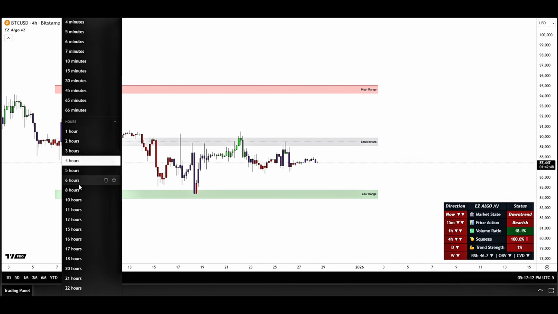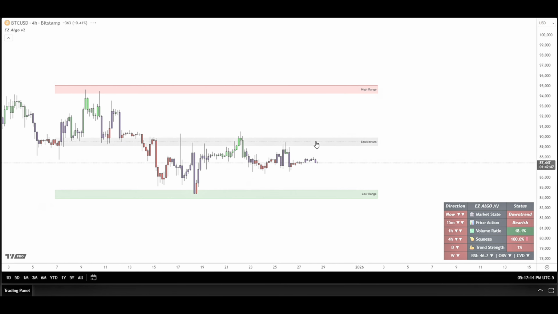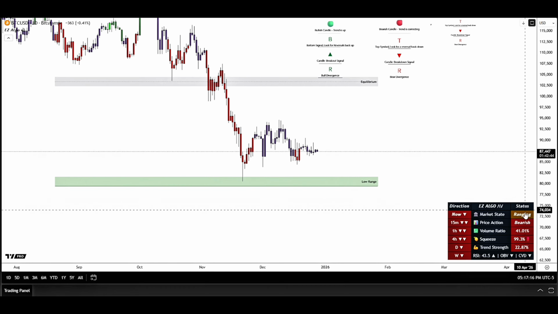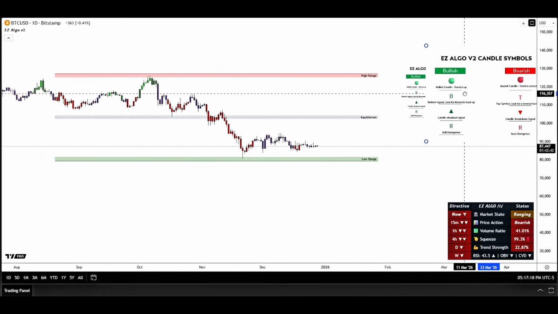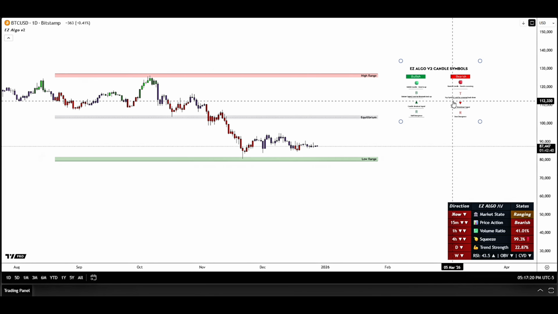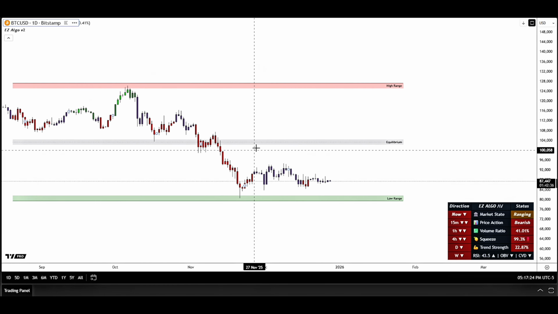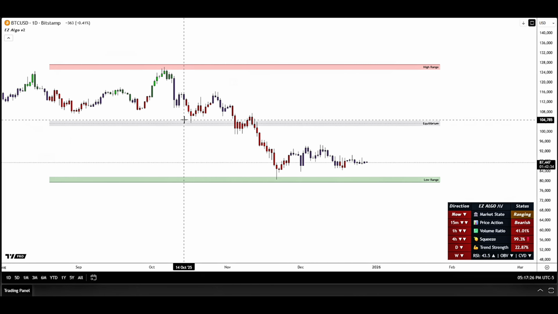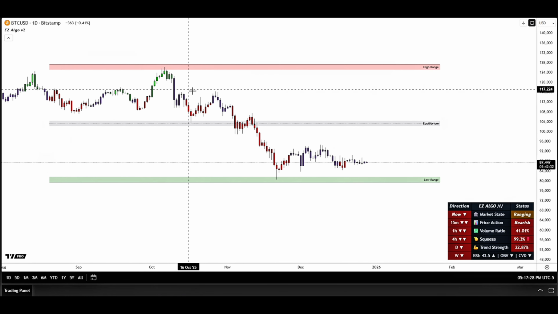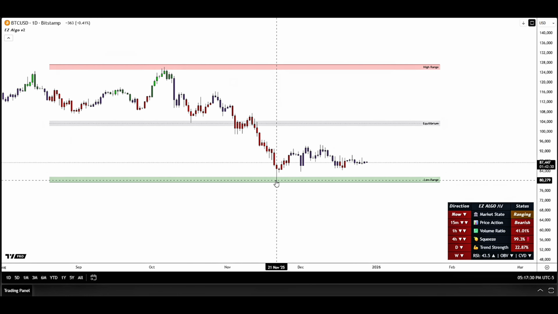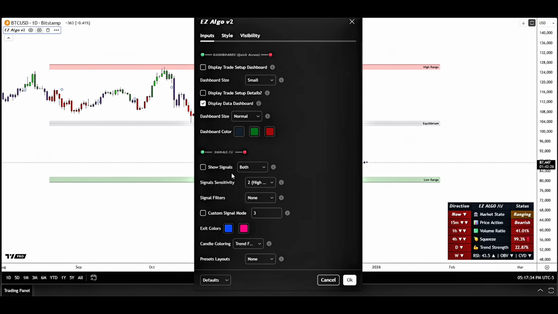Now we can also look at this on higher time frames, such as daily, for example. Move this out of the way. For daily, for our ranges here, we have our top, and we currently have our bottom for a low range. We have our equilibrium. So that's one of the things I've been saying.